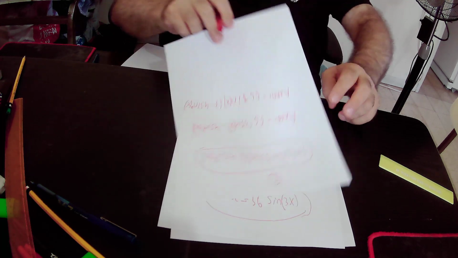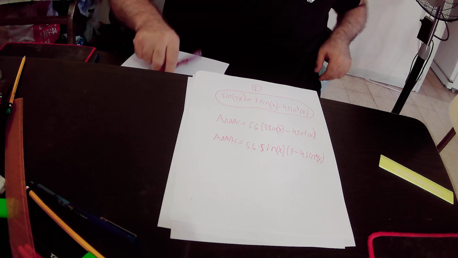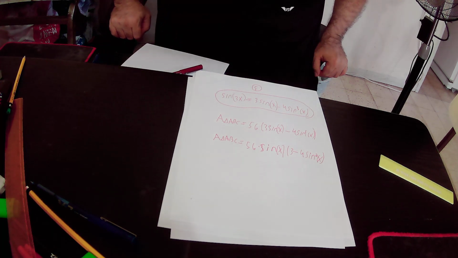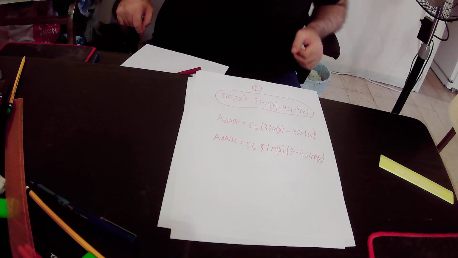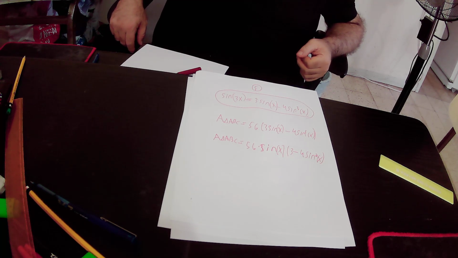Okay, so we found out that the area of triangle ABC equals 56 times sinus x times 3 minus 4 sinus x squared.